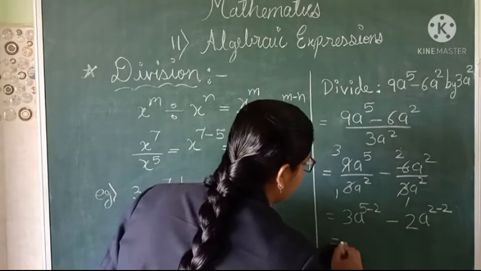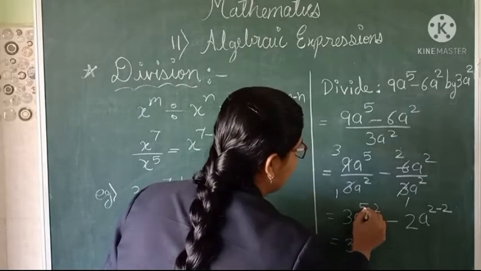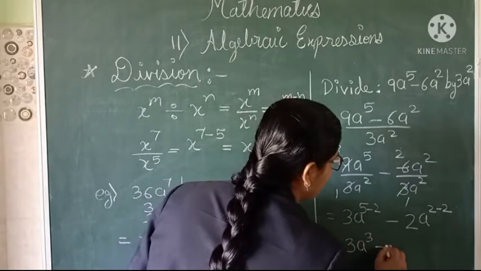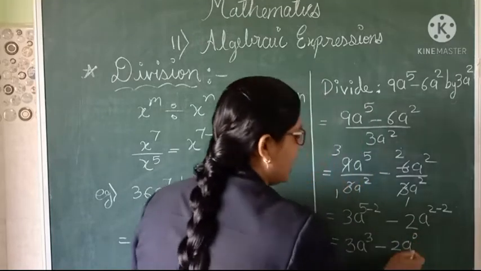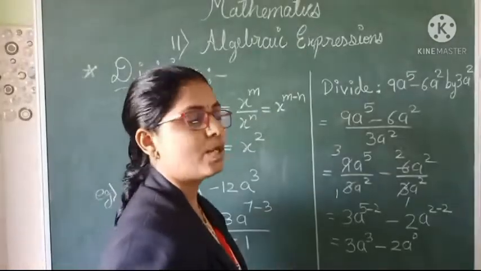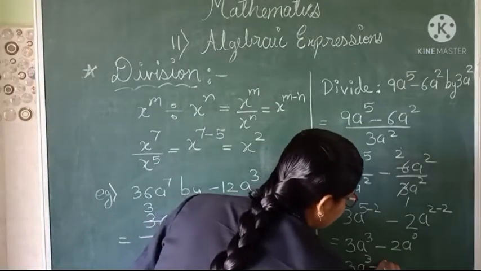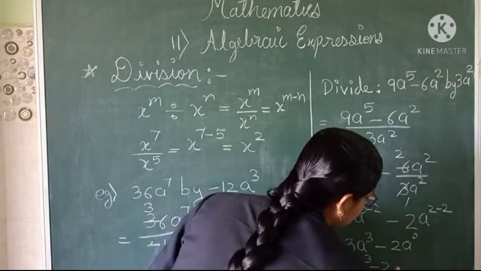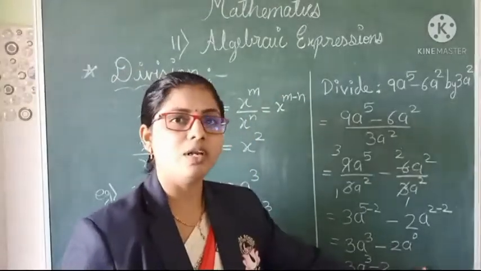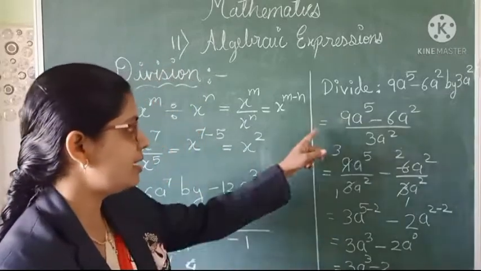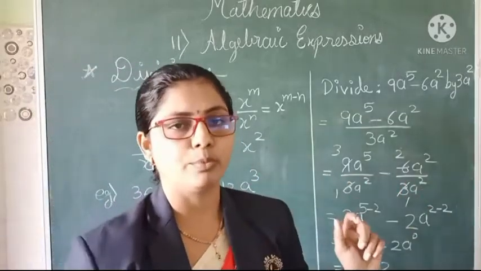So it will be 3a raised to 5 minus 2 is 3, minus 2a raised to 0. A raised to 0 we know it is 1. So 3a cube minus 2 only. A will not be there because a raised to 0 is always 1. So in this way we can solve the examples of the binomial and monomial.